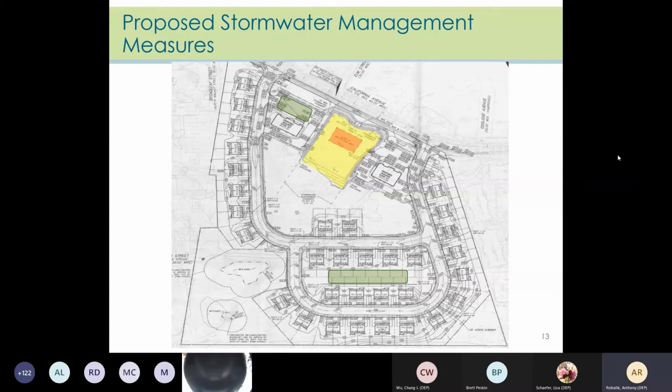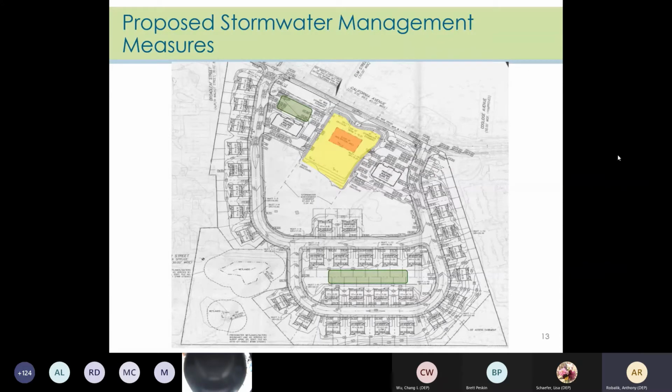So under the old rules, it was okay to use a large-scale infiltration basin like this to meet the water quality, quantity, and groundwater recharge standards. However, under the amended rules, GI BMPs from Table 5-1 are required to be incorporated to meet the water quality and groundwater recharge standards.